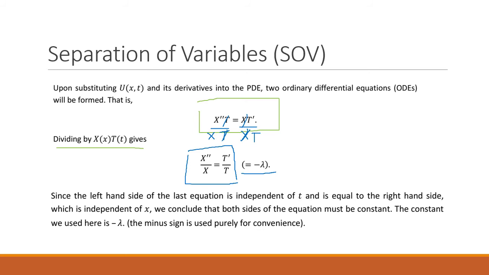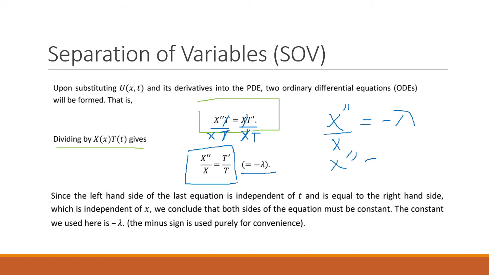Awak boleh je nak letak plus lambda ataupun minus lambda, tapi yang ni kita letak minus lambda. Sebab kat sini dia cakap the minus sign is used purely for convenience. Sebab nanti bila kita samakan, kita equate yang ni X prime over X akan equal to minus lambda.